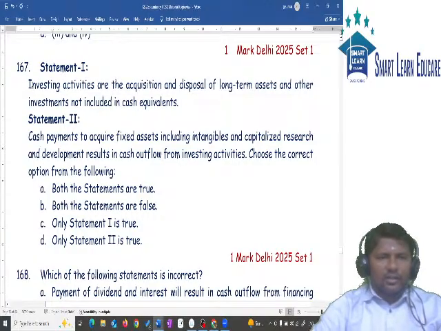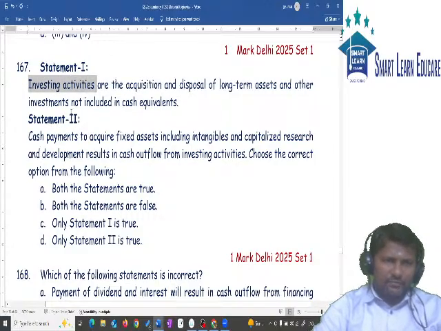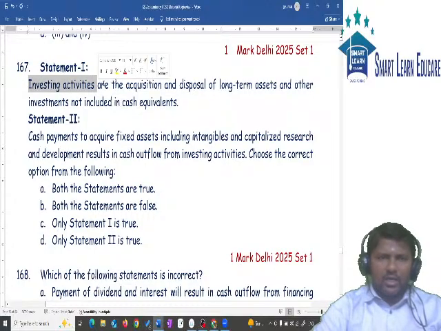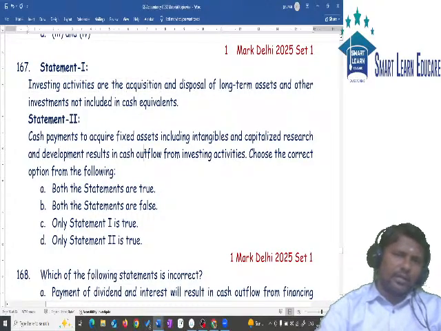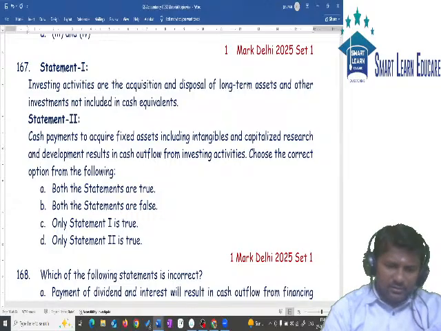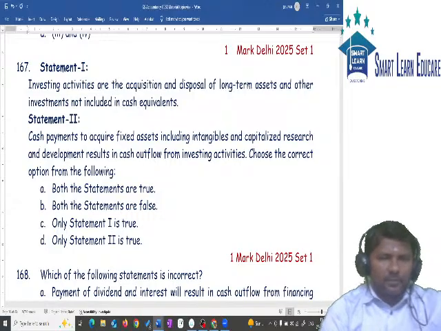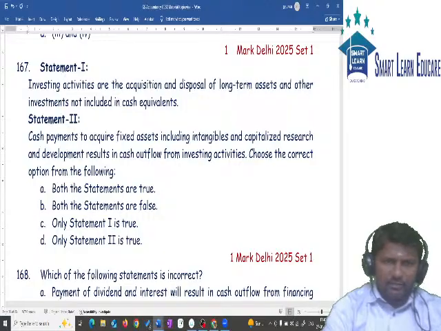Next, investing activities. What do you mean by investing activities? Relating to balance sheet items. Investing activities are acquisition. The term acquisition means purchase. Purchase and disposal.